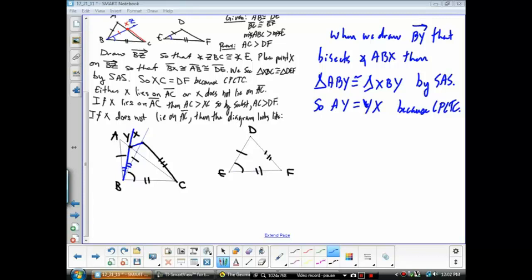Now, looking at triangle XYC, two of the sides added has to always be longer than the third side. So since YX plus YC has to be greater than XC, and that's by the triangle inequality theorem, then by substitution, because AY and YX are equal, AY plus YC has to be greater than XC.